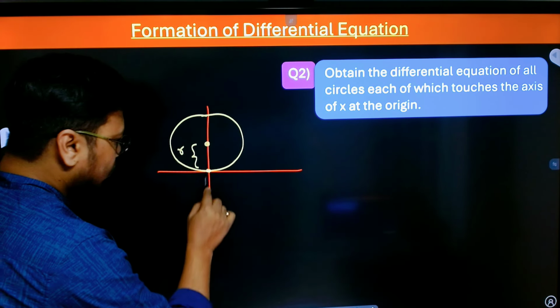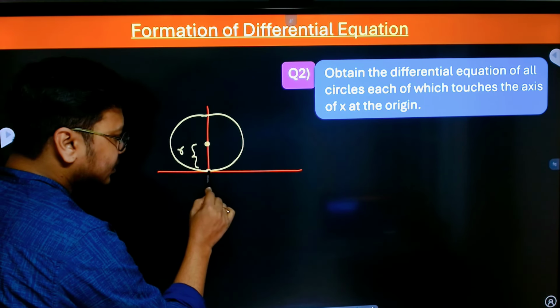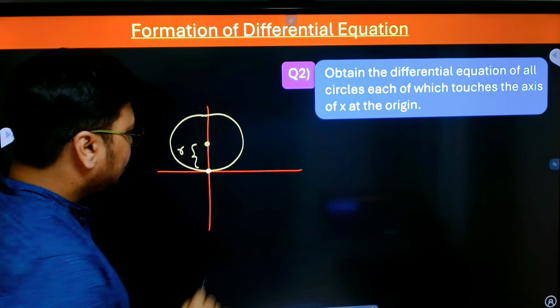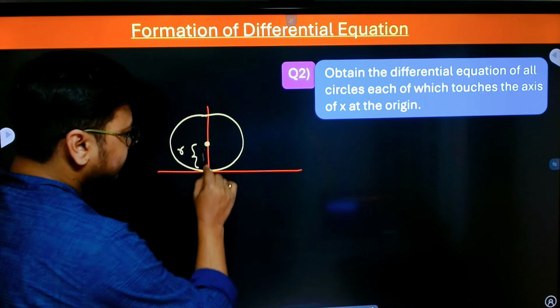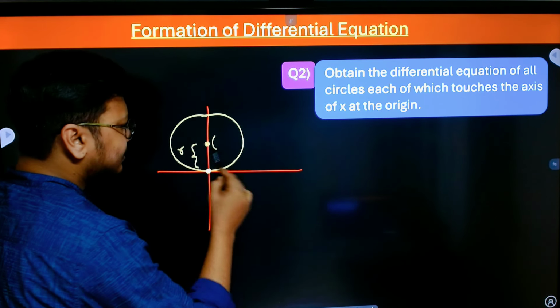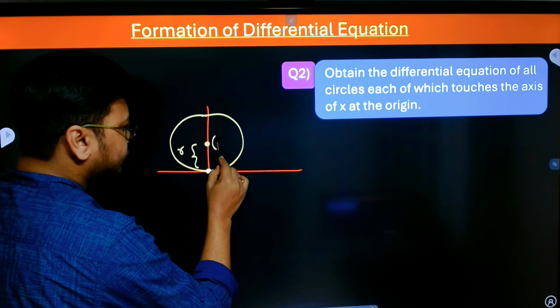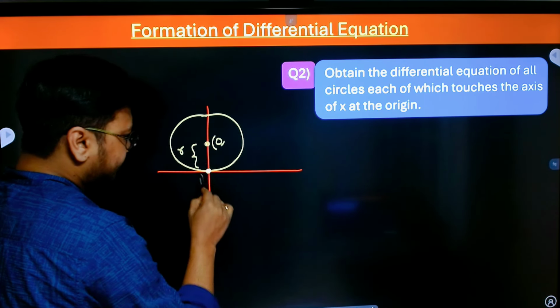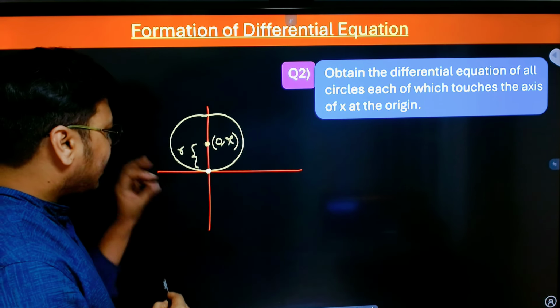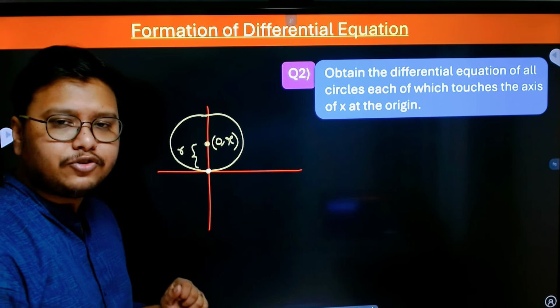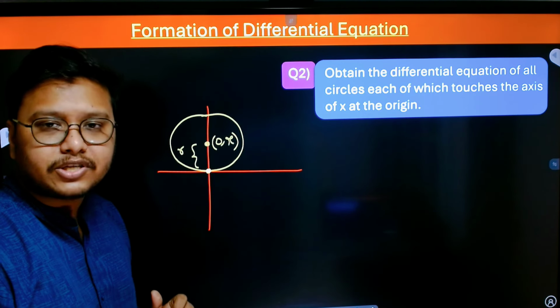Obviously, if the circle is touching the x-axis at the origin, the center would be lying on the y-axis. So the center lies on the y-axis, and its coordinate must be 0 comma r, if the radius is r, right?